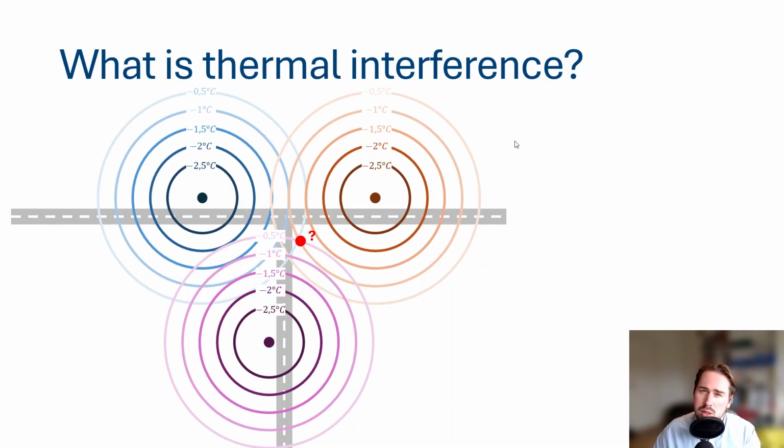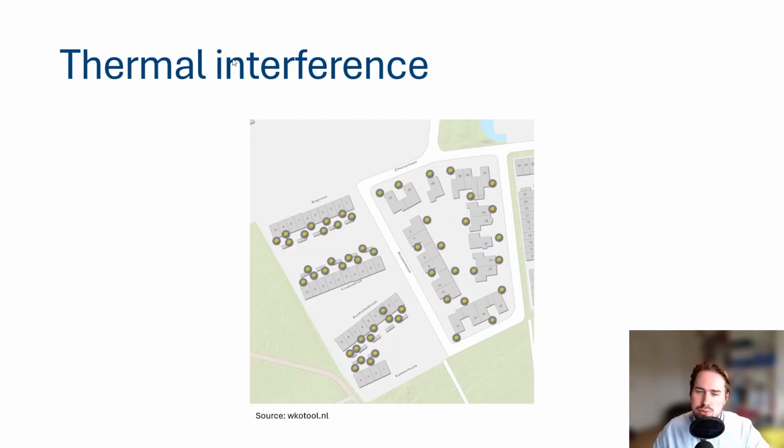And that's why in countries like the Netherlands, where there are quite a lot of individual geothermal installations, and in Stockholm, there's actually legislation for this thermal interference. And this is a print screen from a tool from the Netherlands. This is basically a database of all existing individual or collective geothermal systems.